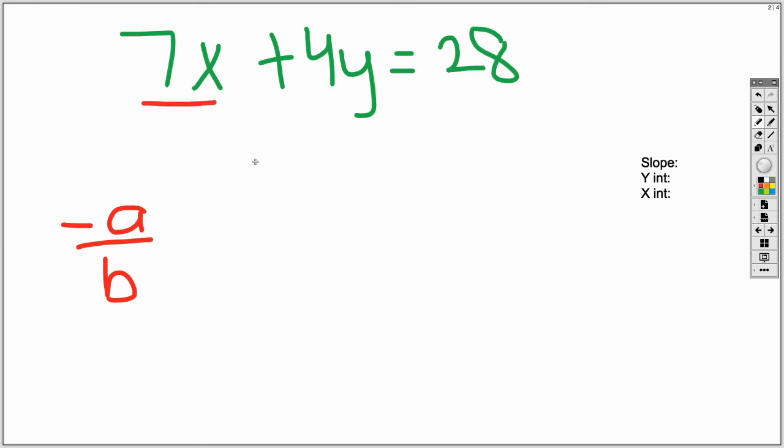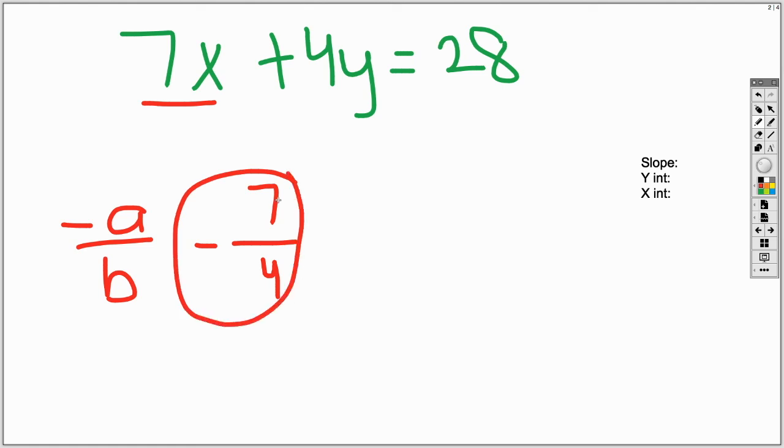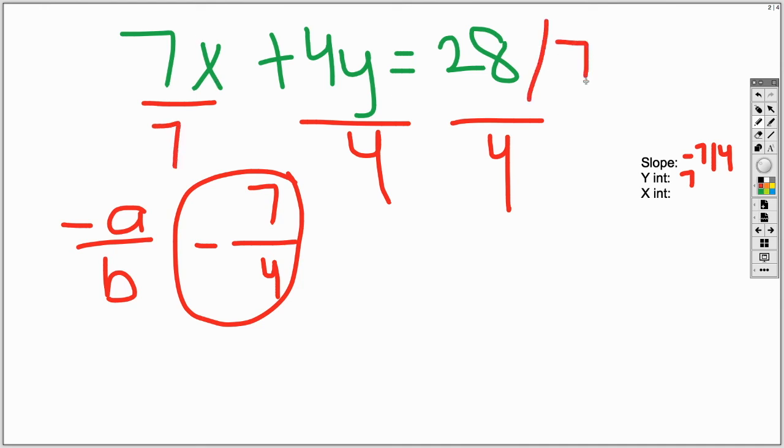So 7 is our a, 4 is our b, and negative 7 over 4 is our slope. Y-intercept, divided by 4, 28 divided by 4, 7. X-intercept, 7x divided by 7, 28 divided by 7, 4. And you got all the data you needed.